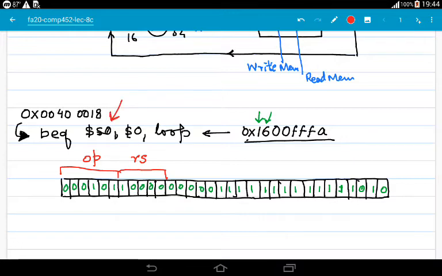Then we have next 5 bits, which is RT, which in our case is register 0. And then we have this 16-bit offset.